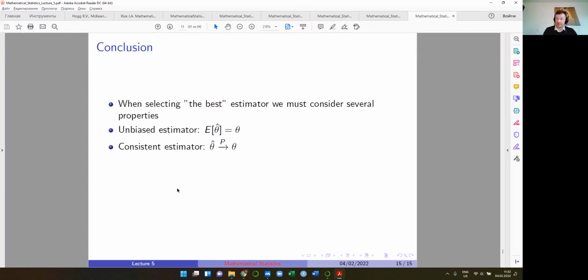Consistency: as the sample size increases, my guess becomes more and more precise. The deviation of my shot from the target shrinks. It's never zero, but the probability that it will deviate by some small amount tends to zero. And efficiency: we want an estimator that produces the minimum possible variance.